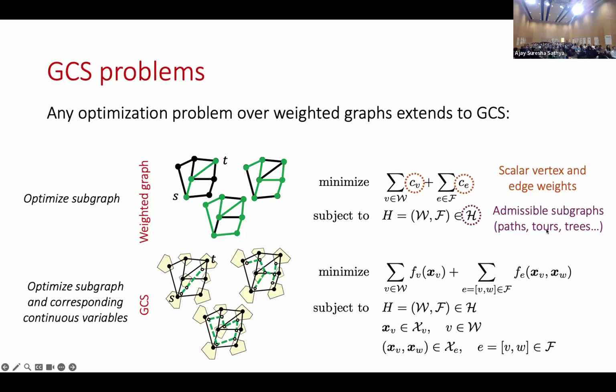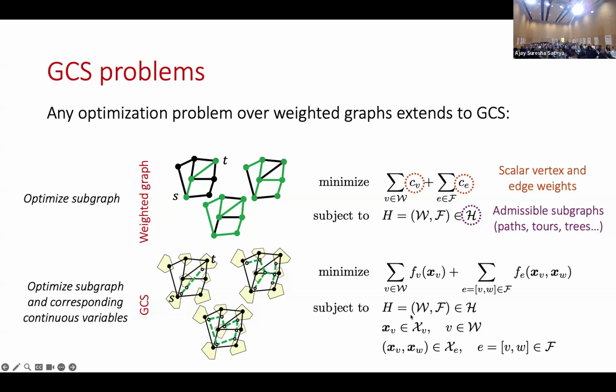In the traveling salesman problem, they are all the cycles that visit all the vertices in the graph, etc. Among these admissible subgraphs, we want to select one of minimum cost, where the cost of the subgraph is simply the sum of the costs of the vertices and the edges in the subgraph. Okay, the GCS generalization of the problem I just described is similar, but now we have this interplay between the discrete choice of the subgraph and the continuous variable. In particular, we are still selecting a subgraph H within a list of admissible subgraphs.